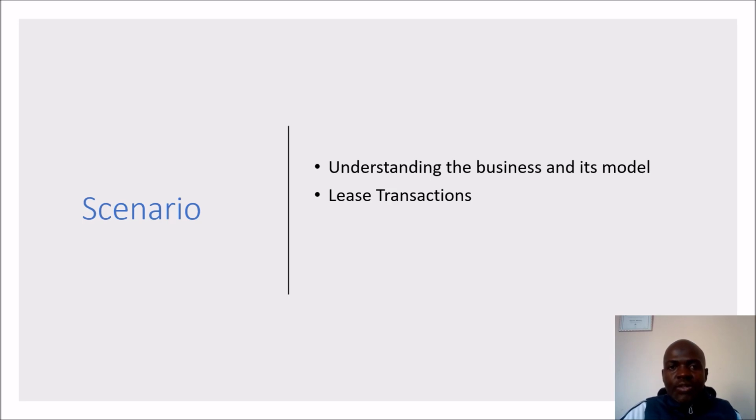So one transaction was a sale and leaseback. So it was important for you to break down the sale and leaseback. And then also there was a transaction that involved inventory. So let's start with the lease transaction. You had to check what kind of lease it is. What were the details around the lease? In this case, it was a sale and leaseback. It was arising out of a need to capitalize the business.